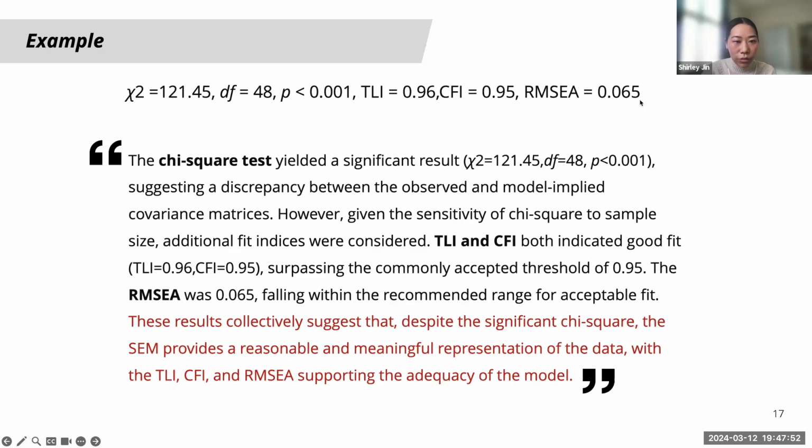Together, you use all the indices to say that these results suggest that even though there is a significant chi-square result, the SEM provides a reasonable and meaningful representation of the data, because TLI, CFI, and RMSEA all support the adequacy of the model. This is how we interpret the model fit results by using different indices.